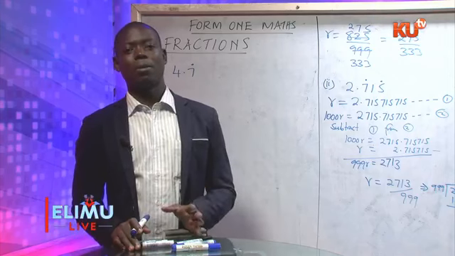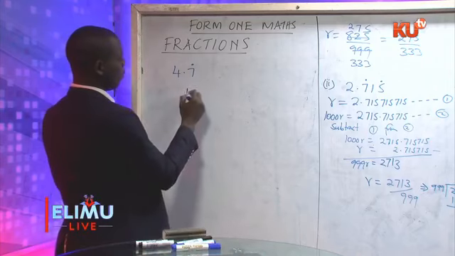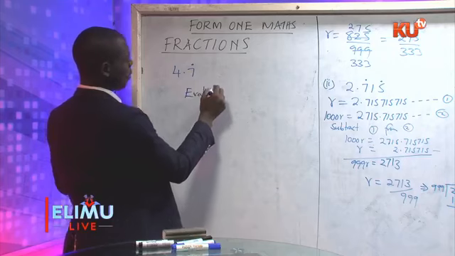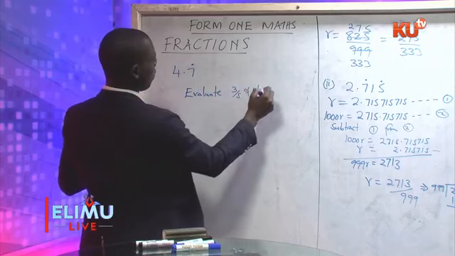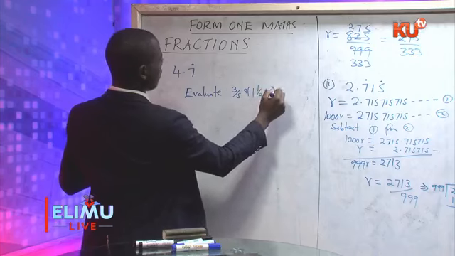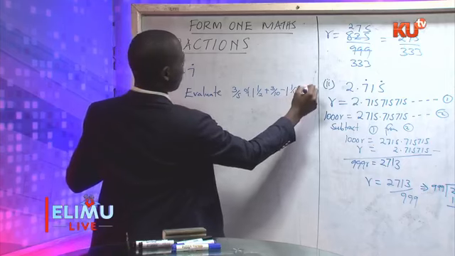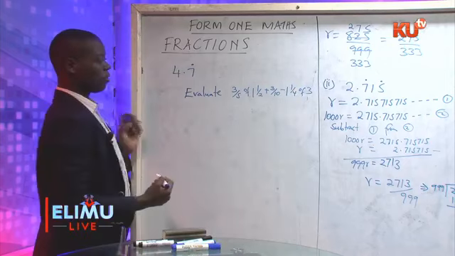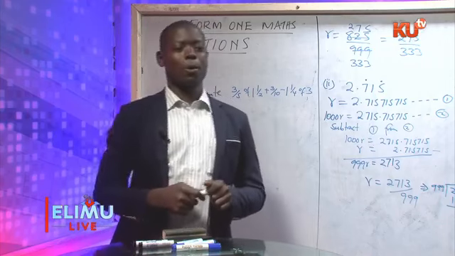They always know about BODMAS. If you ask students to evaluate 3 over 5 of 1.5 plus 3 over 10 minus 1.25 of 3, they will work it out so well because they know something we call BODMAS.